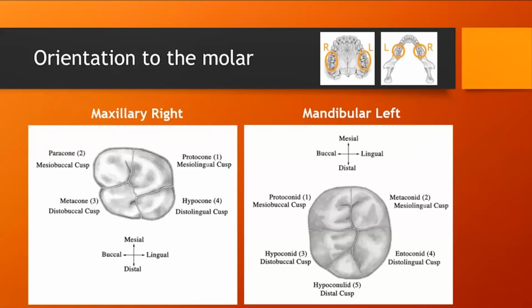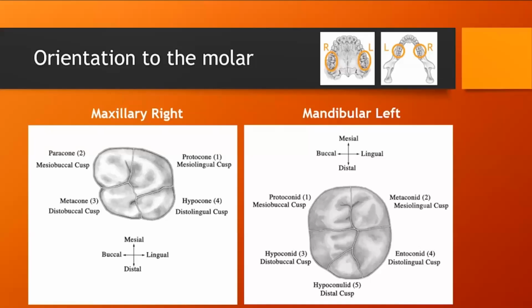Now in the mandible, again we're looking here at a left tooth. So the buccal remains on the left-hand side of your screen and the lingual on the right-hand side, with the mesial towards the front, top of the screen, and the distal towards the bottom. There are 5 primary cusps. You don't always have cusp 5, but it's common enough that we consider it a primary cusp.